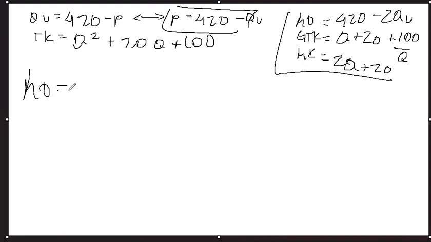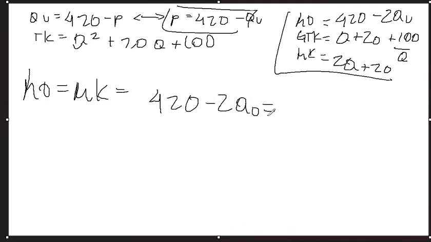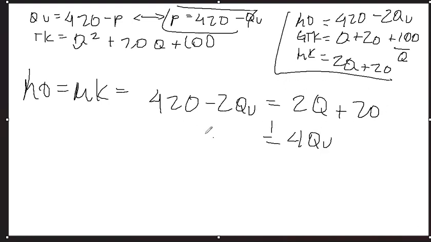MO equals MK, calculate it. 420 minus 2QV, and then we have here MK, 2Q plus 20. So you just put it here and this goes here. So it becomes 4QV, and then this here becomes 400. So QV is 100.